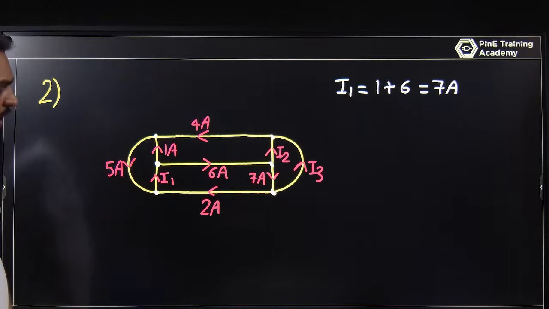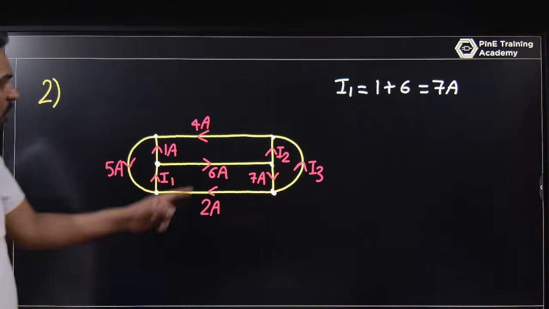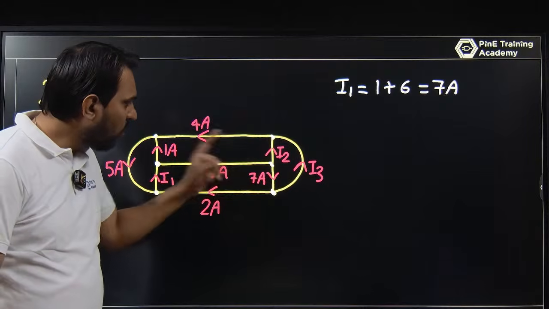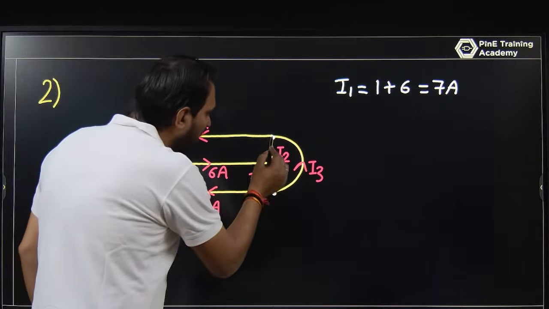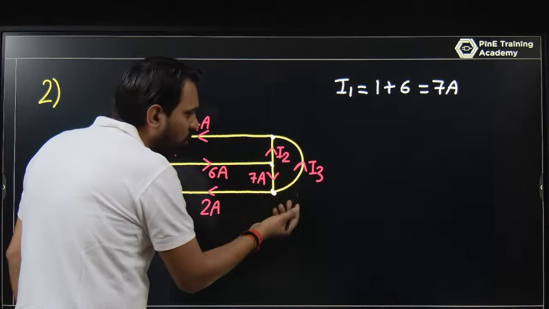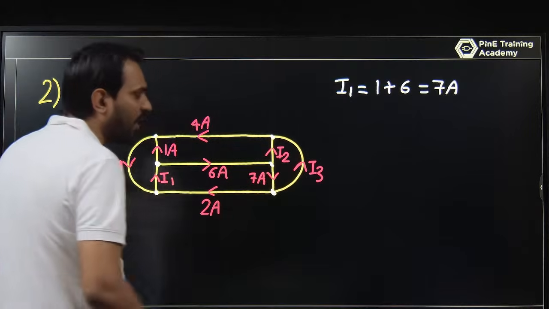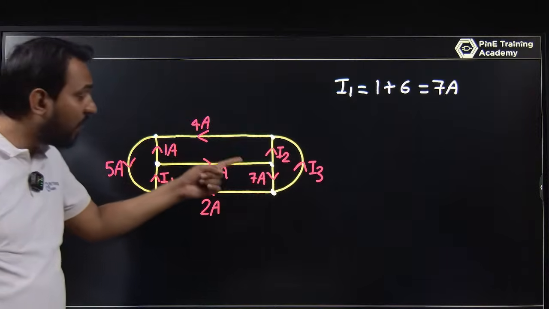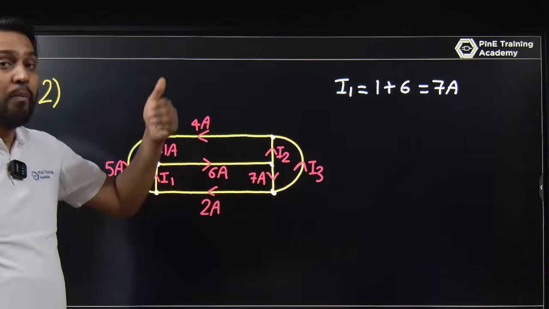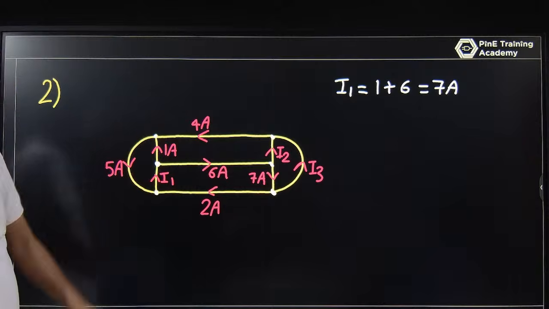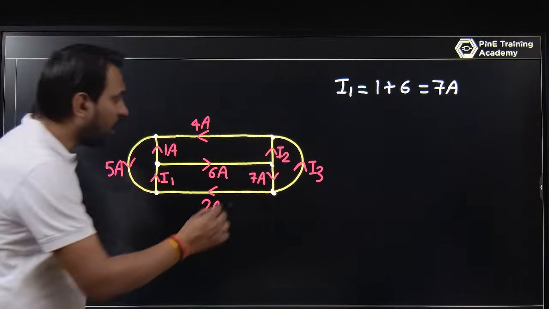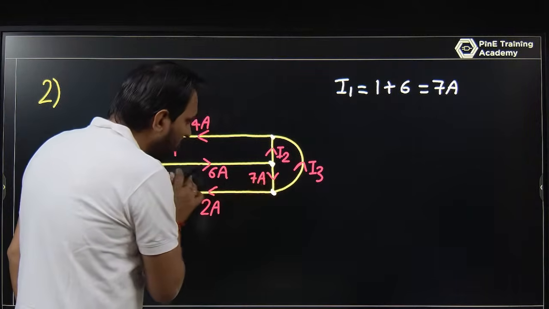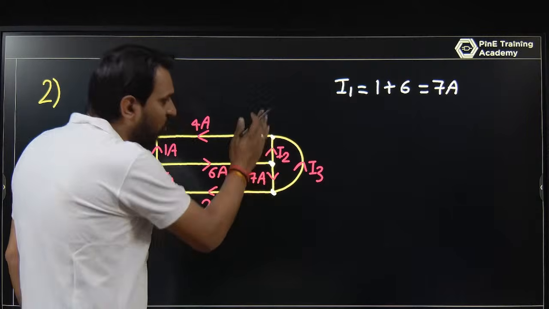Okay, I1 is done. Let's talk about I2. If you take this node, here you have 4 ampere, you don't know I3, you know about the 7 ampere. I will prefer a node where we have only one unknown. So at this node you have 6 ampere, you have 7 ampere, and you have I2.